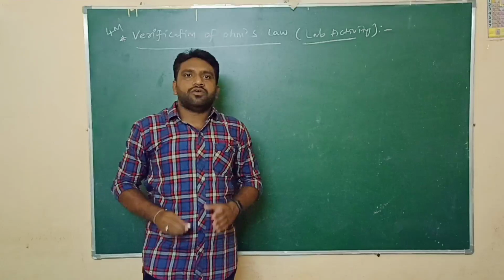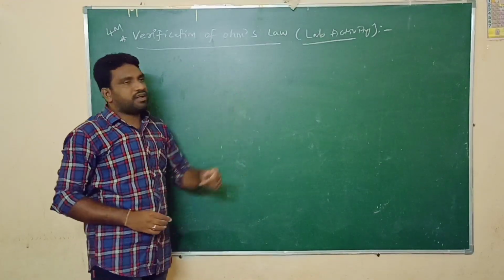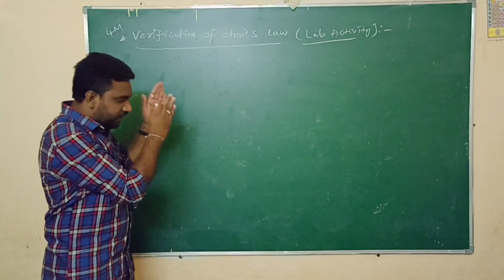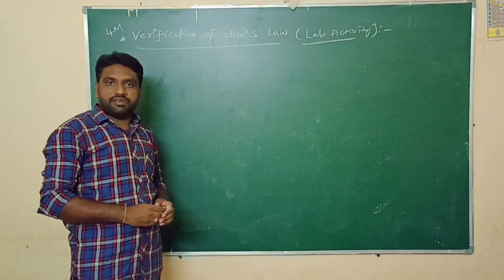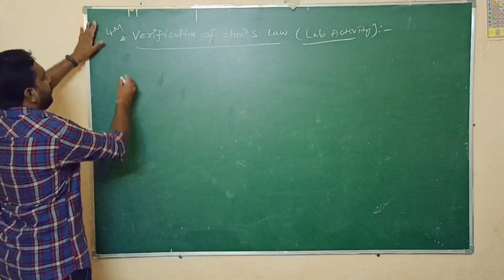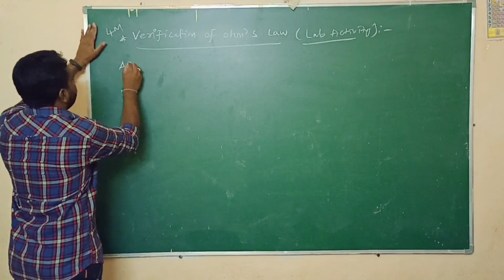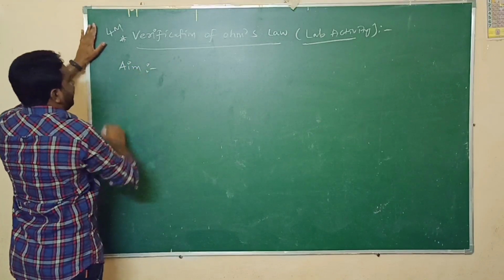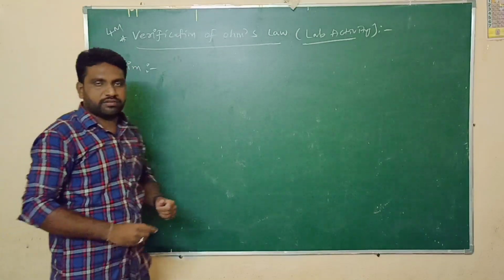Whenever you write the answer regarding the lab activity, we have to follow the sequence. First of all, what we need to write is the aim of the activity. What is the aim of our activity? To verify Ohm's law.